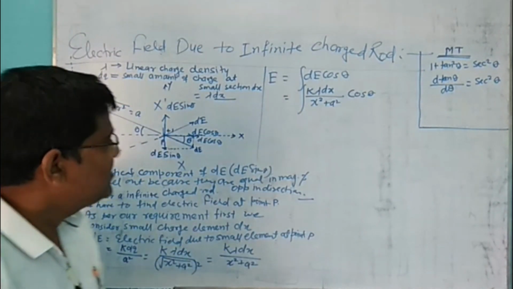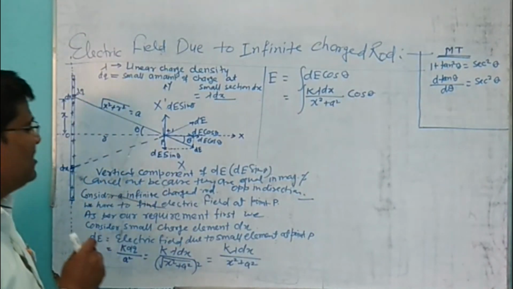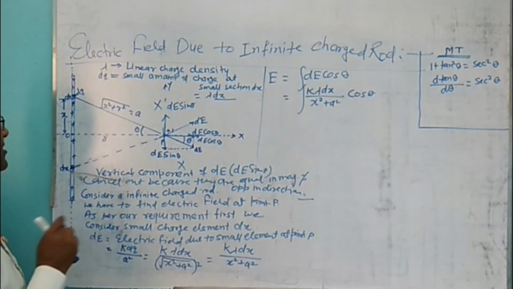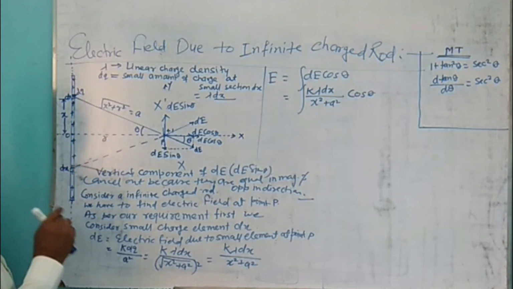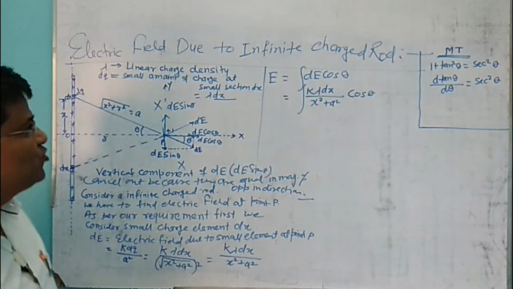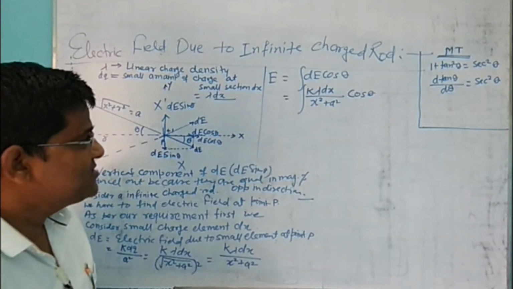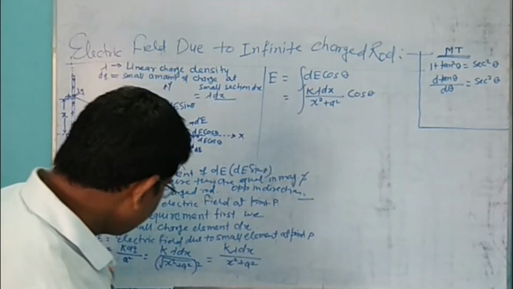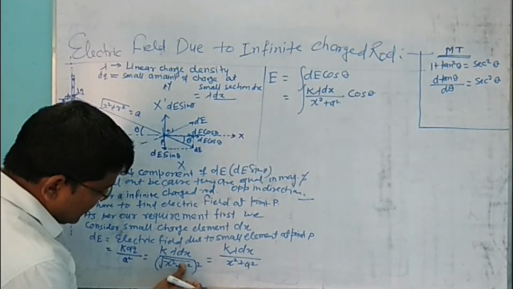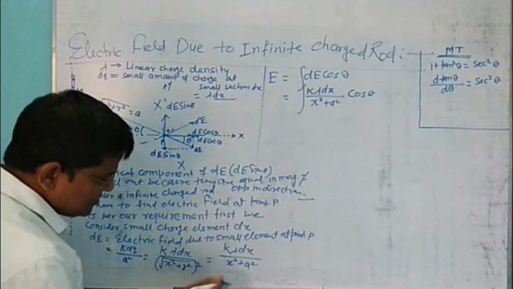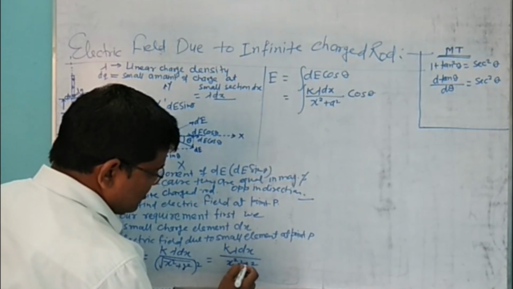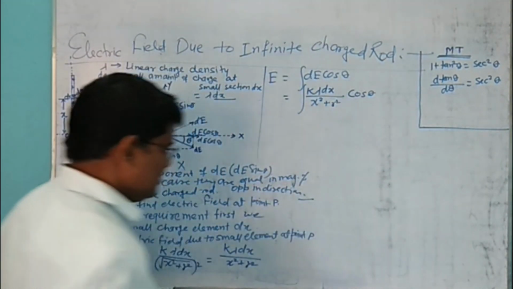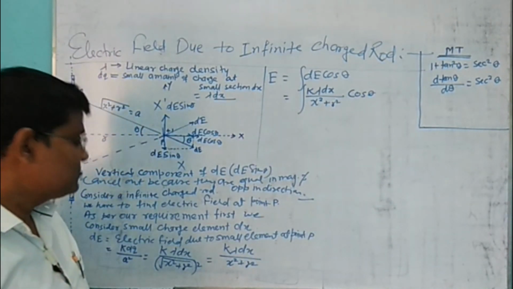Here it is very important to understand: this distance is also variable. Sorry, this one is not a. Actually, this one is r square. One correction here: this one is r square.